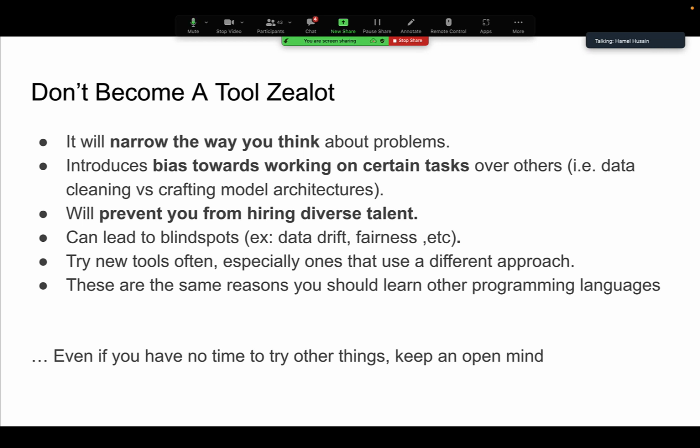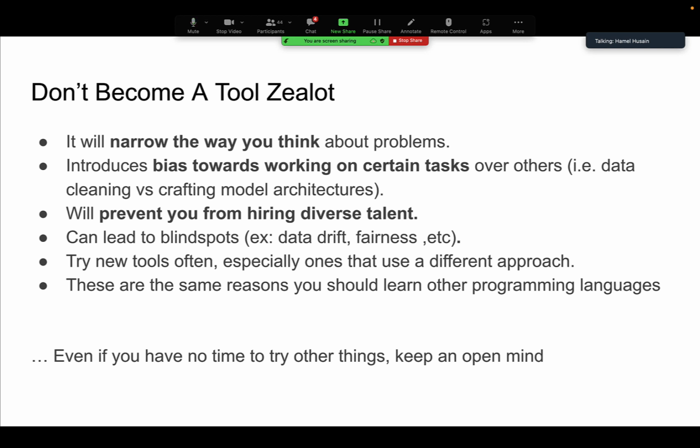And very importantly, if you are too myopic in your tools, that will prevent you from hiring diverse talent. So for example, I don't think I could work with that person that was very convinced that TFX was the only right tool on the planet to use for machine learning. And I think that is really important as you go out there and think about these things.